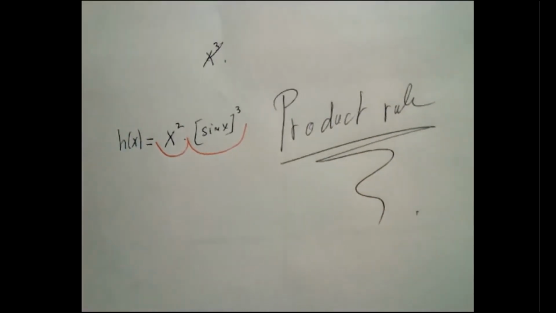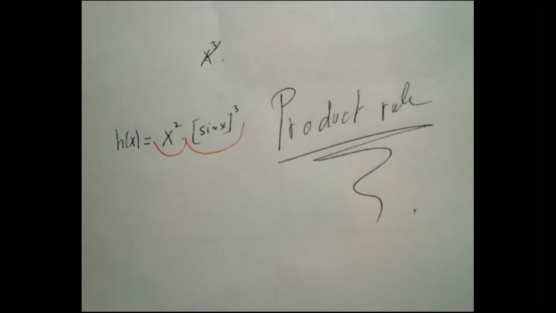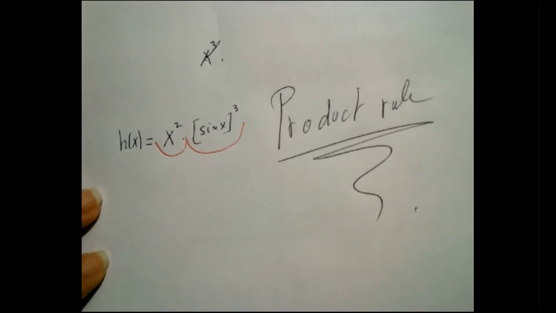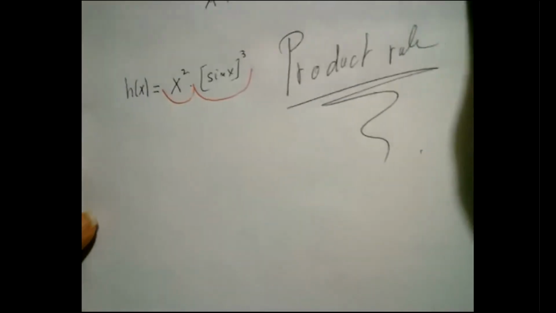If you guys are engineering majors, you're going to use this almost every day of your learning period. That's the product rule. So before you even use the chain rule, you're starting with the product rule. Are you with me? Do you guys know his mistake now?